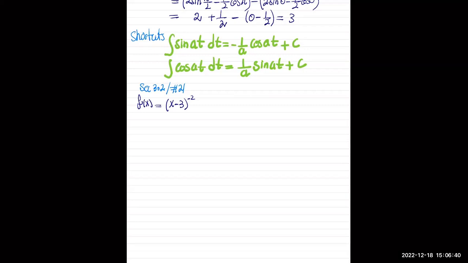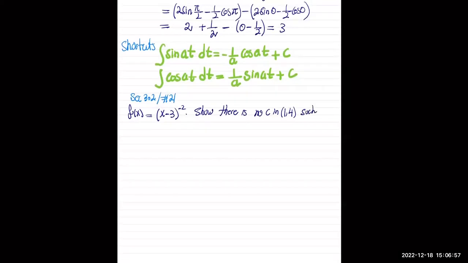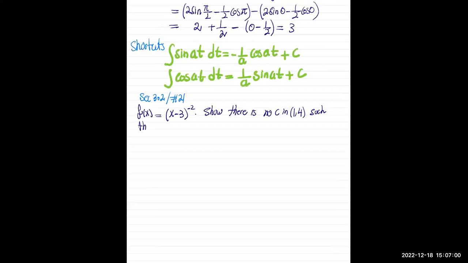Show that there is no value of c in the interval from 1 to 4 such that the conclusion of the mean value theorem is satisfied, which says f prime of c is equal to the slope of the line through the endpoints, f of 4 minus f of 1 over 4 minus 1.